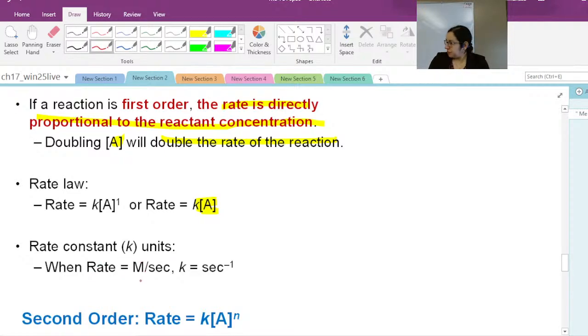Rate is still going to be in concentration per second, since that's what we're always measuring with our rate, our change in molarity over time. Since concentration does matter, A is in molarity, and that means your K is given in inverse seconds.